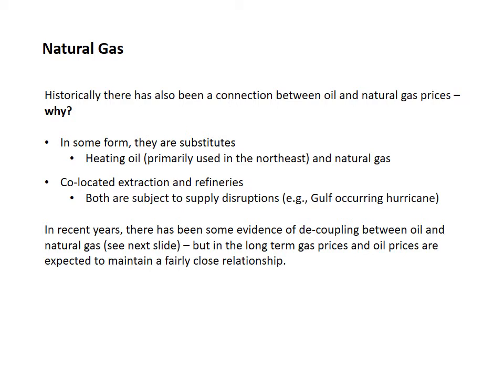A lot of natural gas can be produced in the process of extracting oil, but also a lot of the places where natural gas and oil are refined, even if you're extracting them from two different locations, are co-located, especially if you're talking about the Gulf Coast.